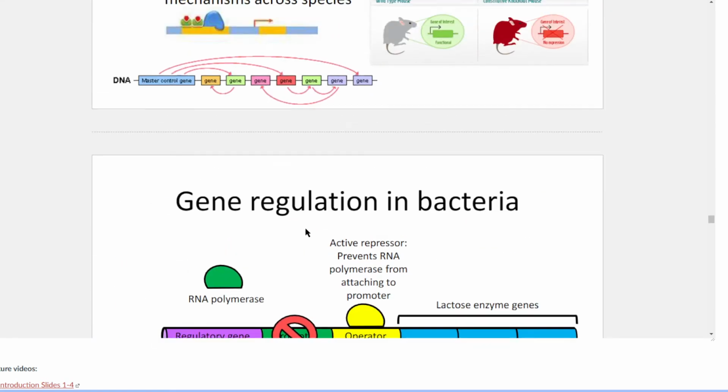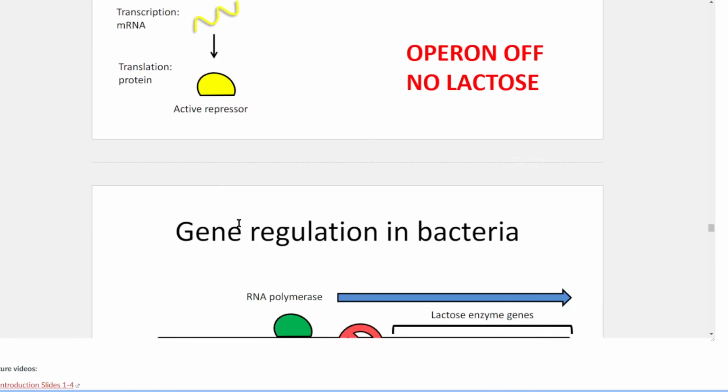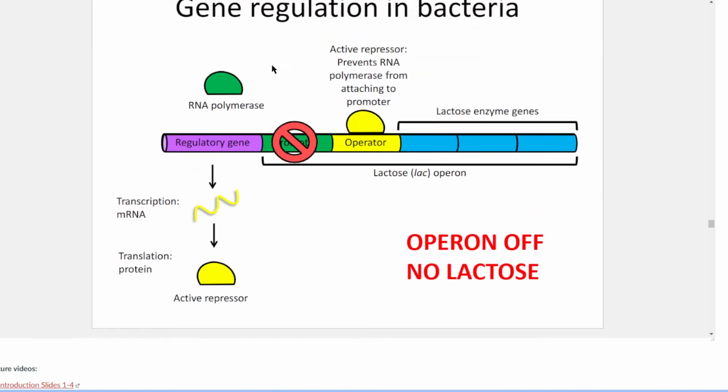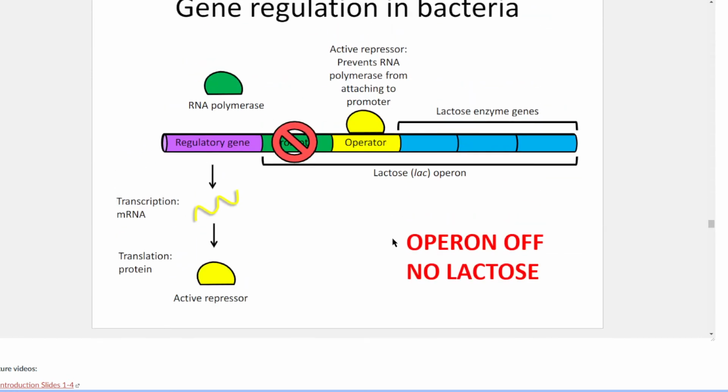So let's talk about bacteria, because bacteria is nice, easy, clean. So we have DNA, RNA polymerase, and it wants to get these lactase enzyme genes. If there is no lactose, there's no purpose for these enzymes.